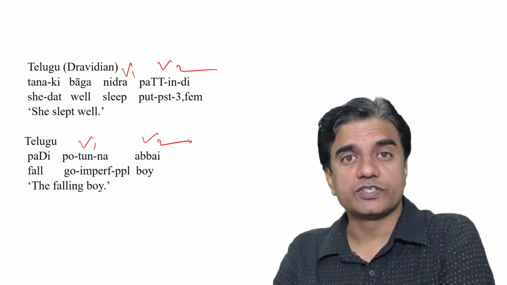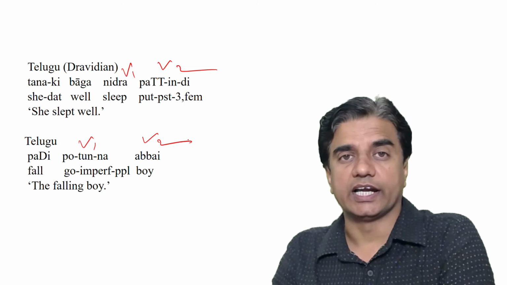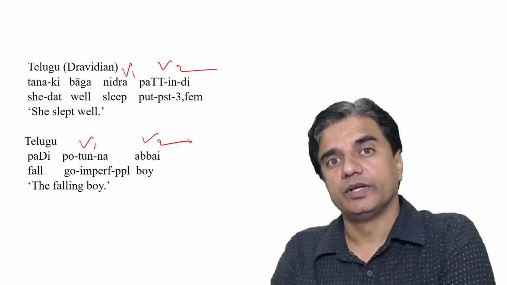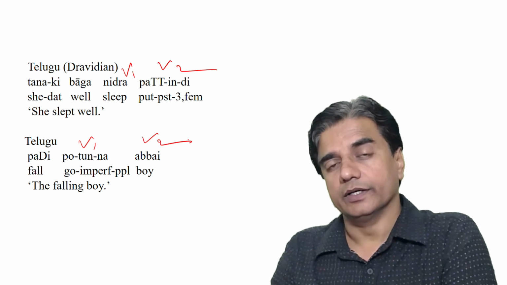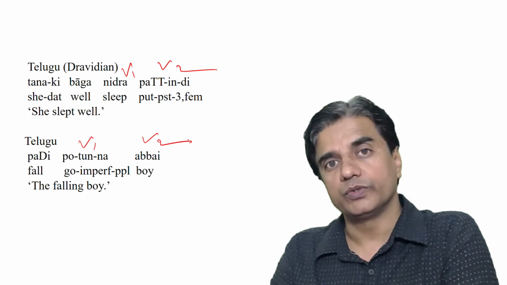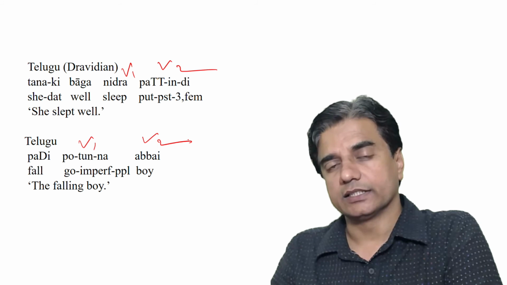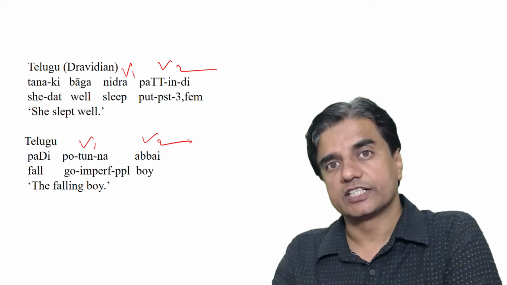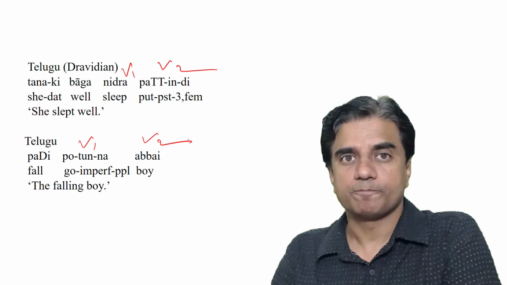In conjunct verbs, we have a noun or an adjective or sometimes an adverb plus a verb, where the meaning comes from both and the verb takes all inflectional elements on it, as part of the peripheral features of South Asian languages.